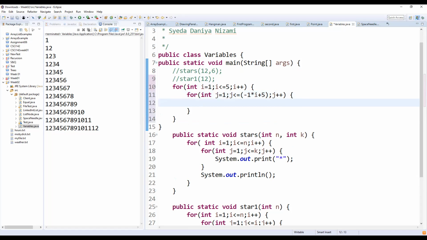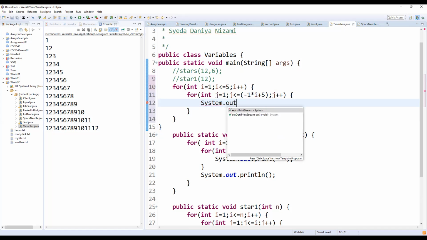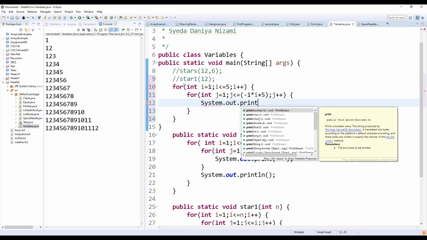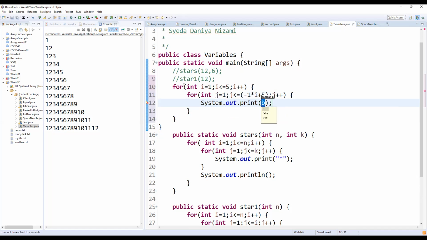Then starting and ending curly braces for the inner j loop, and System.out.print, not println, sorry, print, with double quotation marks and a dot inside. Now how do we print the number at the end?